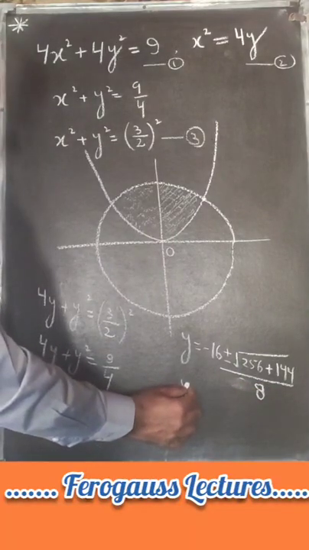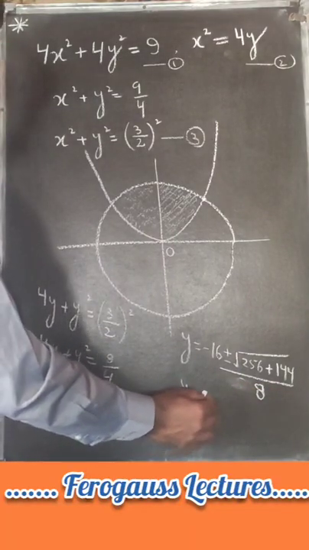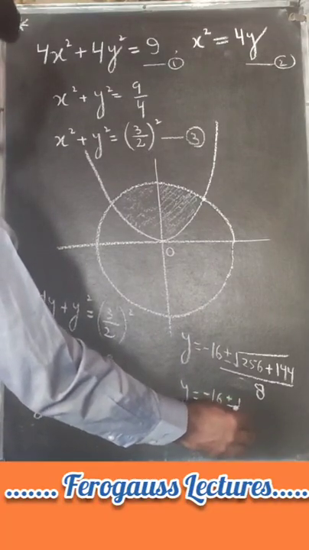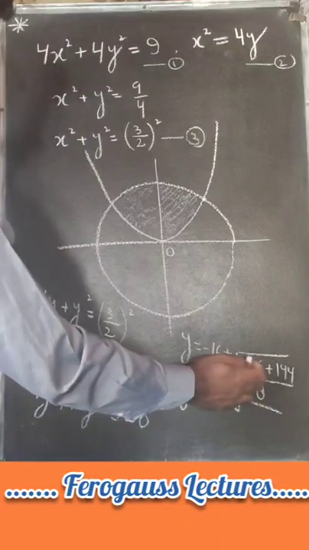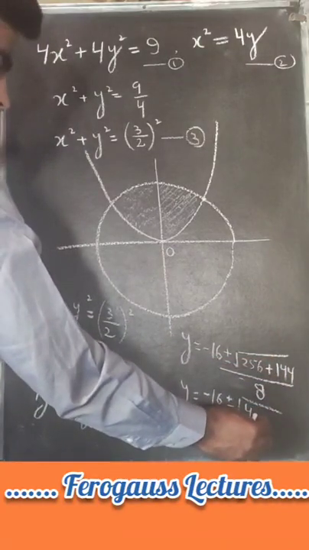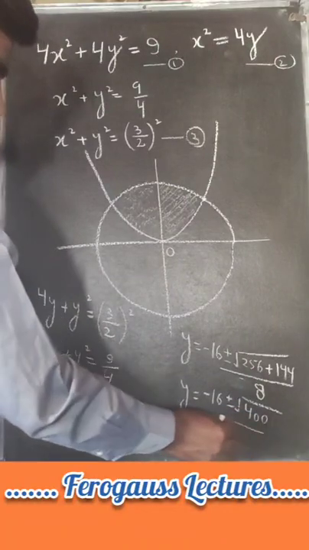Or it is y is equal to minus 16 plus minus square root of 256 plus 144, that is equal to 400, divided by 8.